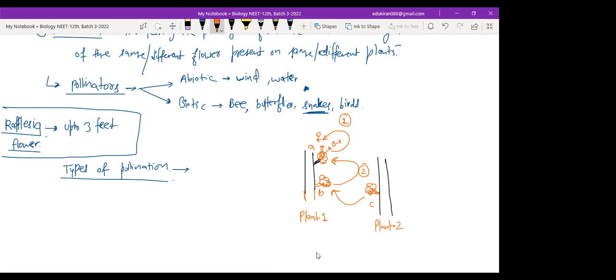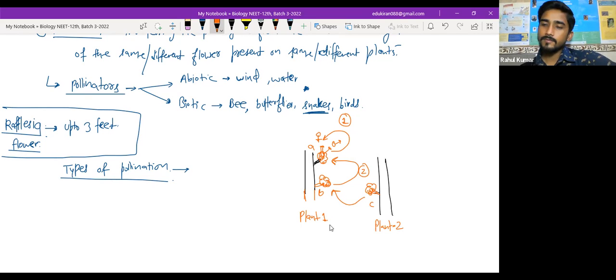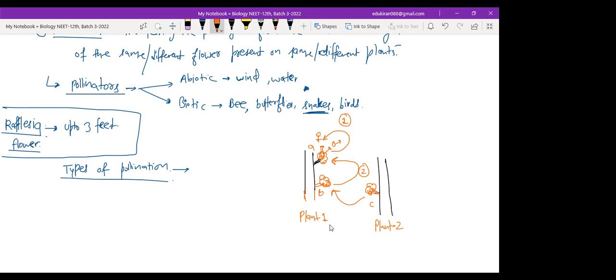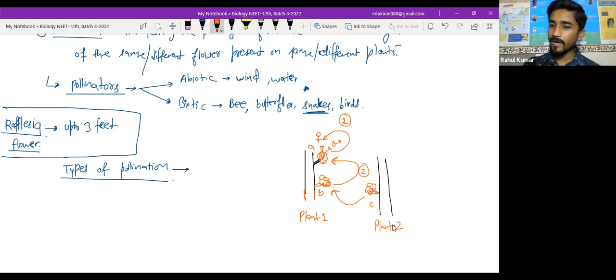Sir, the second flower is bisexual too. All flowers are bisexual. Okay, let's just consider, for the sake of discussion, every flower has everything. So there are 2 plants and 3 flowers.